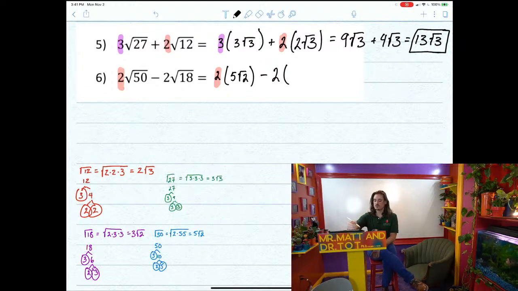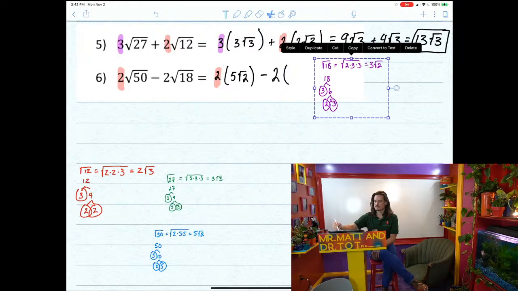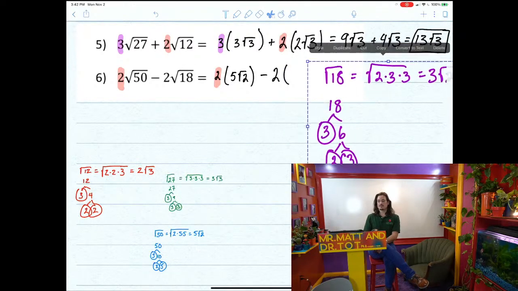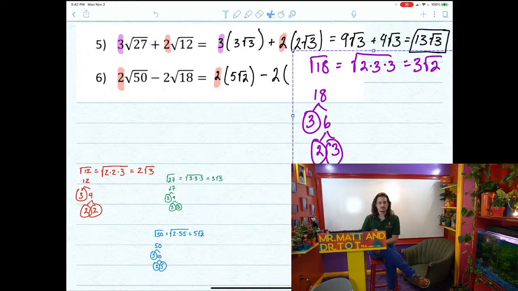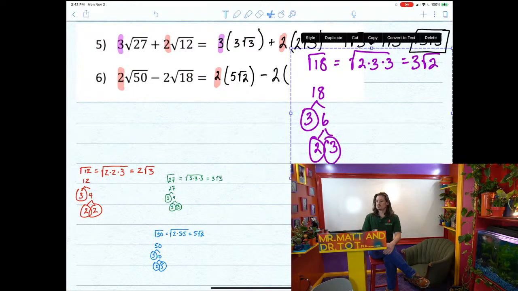If we simplify the square root of 18, as I did down here in purple, you can see that 18 breaks down into 3 times 6. 3 is prime, but 6 breaks down into 2 times 3.